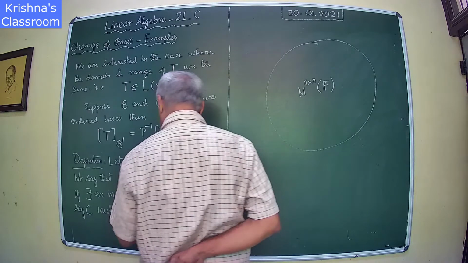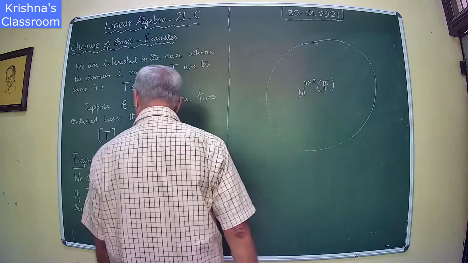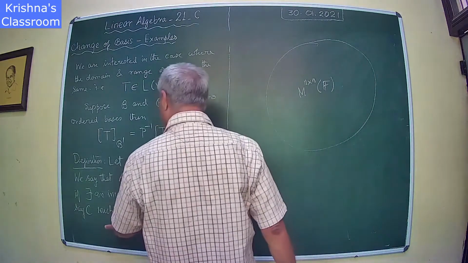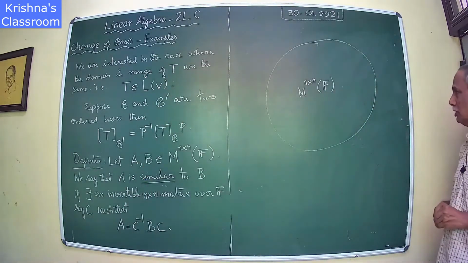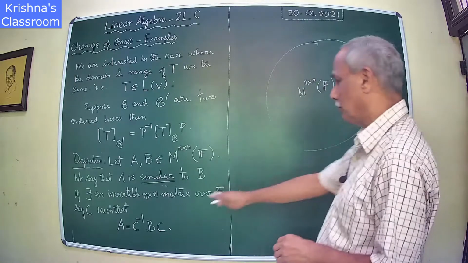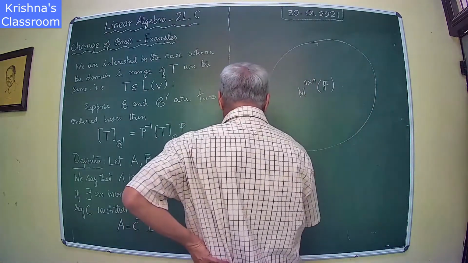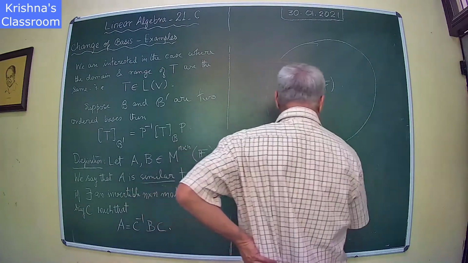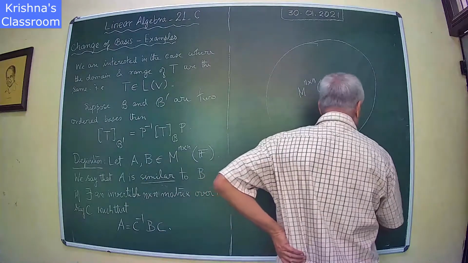And you can easily see that the identity matrix cannot be related to the zero matrix. So the identity matrix cannot be related to any other non-identity matrix more generally. Suppose we write A is related to B if A and B are similar.